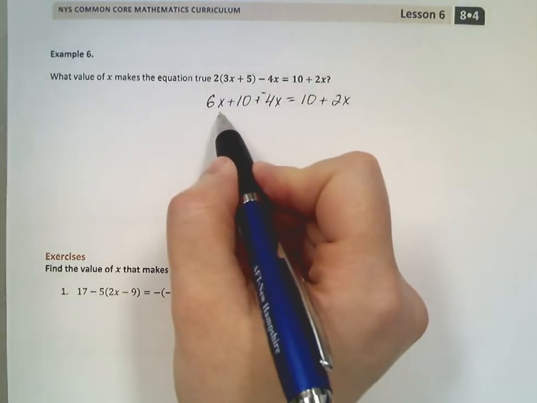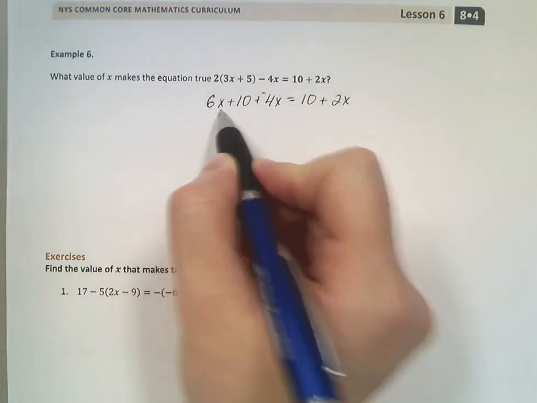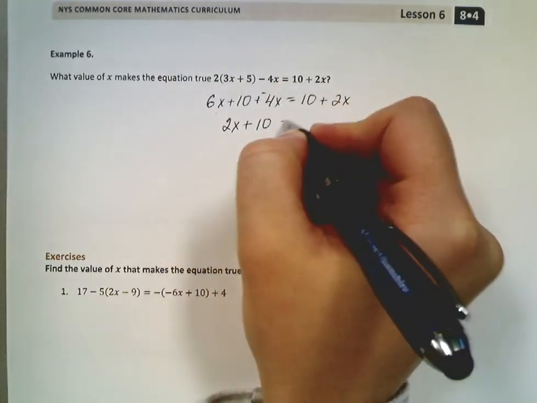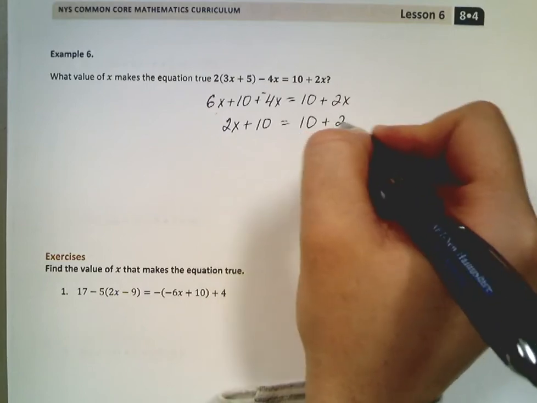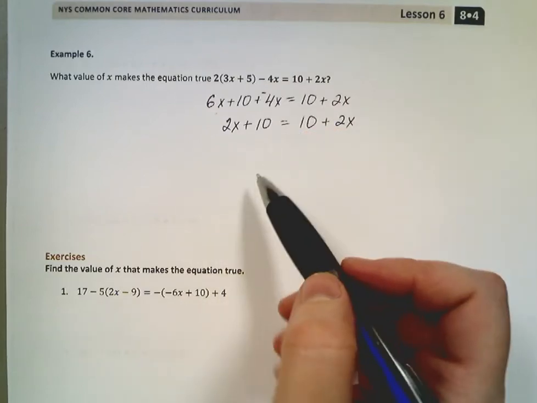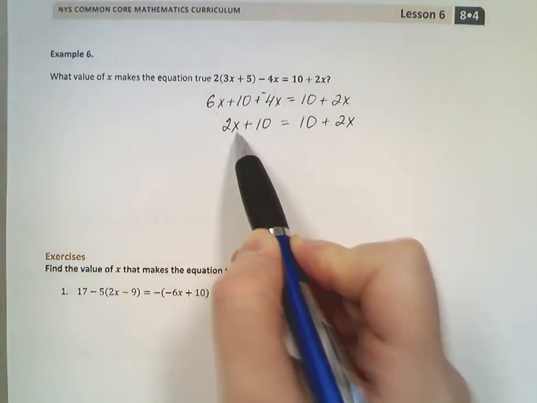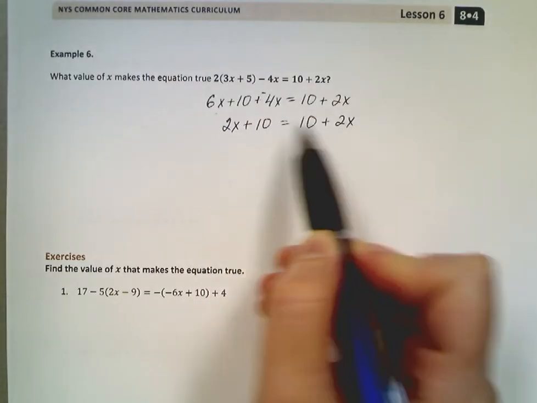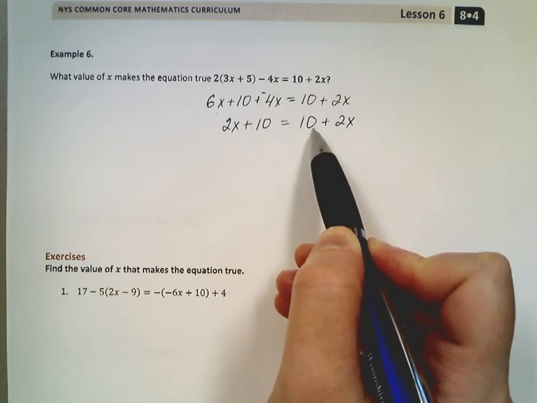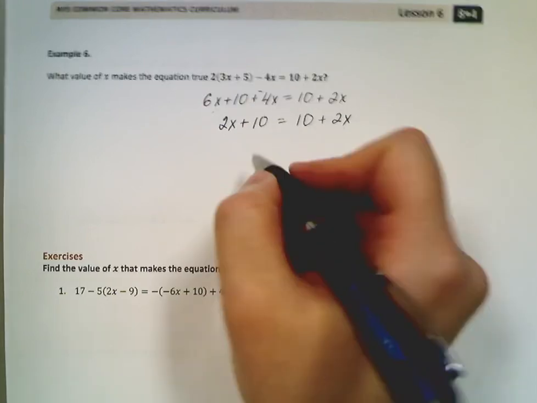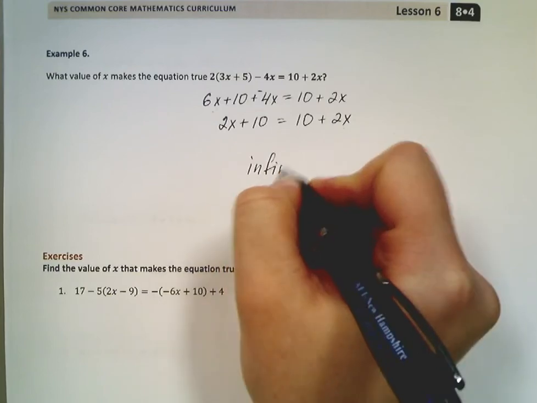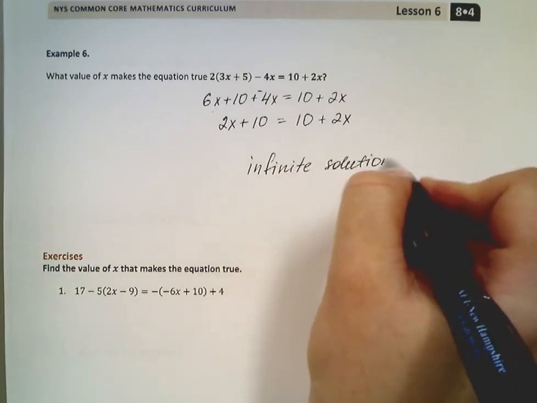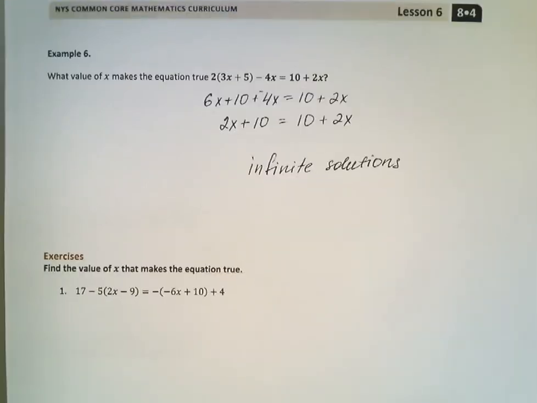I can combine like terms on the left side. 6x plus negative 4x is 2x plus 10 equals 10 plus 2x. Right away, we see that we have the same term with the same coefficient of 2, and we have the same constant. Means I have infinite solutions. I don't even have to continue solving this equation.